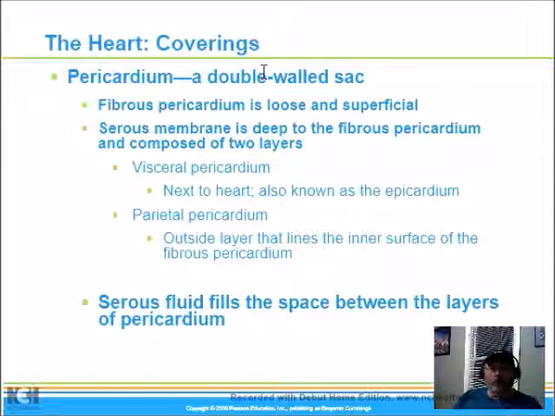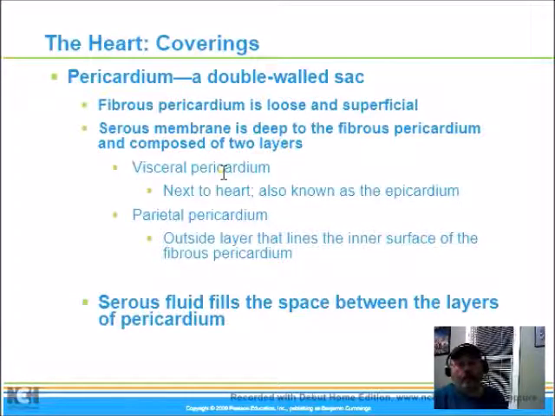Basically, what we're looking at is we have serous membranes, which are simple squamous epithelium, which release a fluid into the area in between. So we have a visceral pericardium, which lies on top of the organ itself, and then we have a parietal pericardium, which is in the chamber that the heart is in.